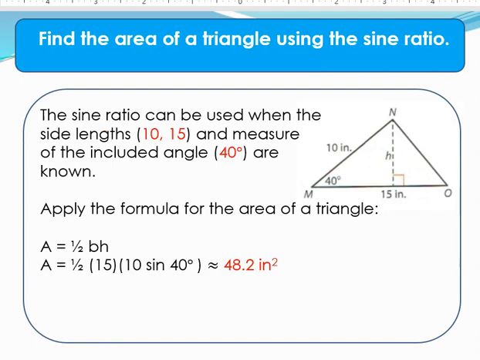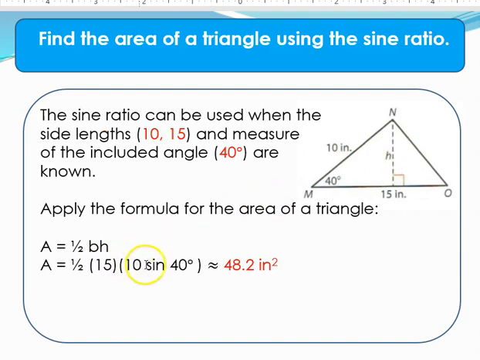Now we can also find the area of a triangle using a sine ratio. This is the same triangle. So once you've found the height, you can now solve for your area. So the area will be 1/2 the base, which is 15 inches. And you remember, you don't use the smaller triangles. Now you're back to the larger triangle. So it's 1/2 times 15 inches, and we're using the height that we found on the last slide.